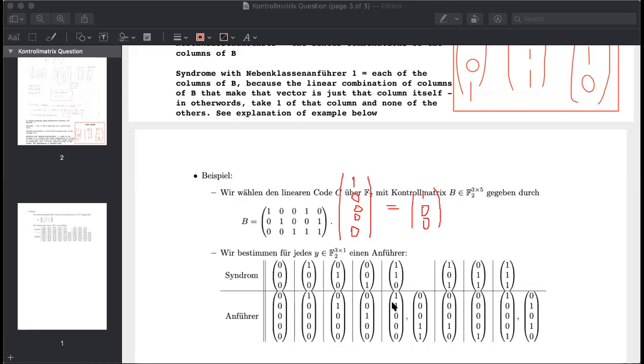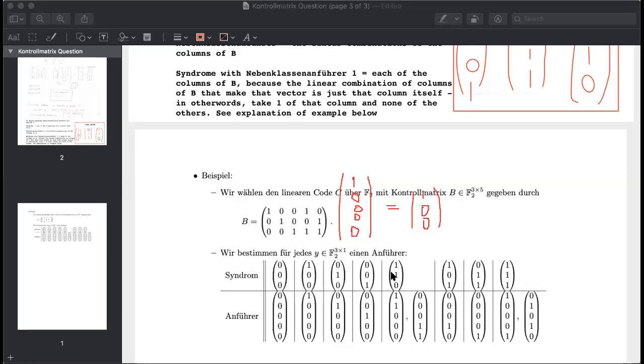So the Nebenklassenanführer for these three vectors have weight 1, because it only takes one of them. The Nebenklassenanführer for this syndrome has weight 2, because you need 2 columns to make this syndrome. For this syndrome, 1, 0, 1, guess what? It's already a column of B, so you can just take one of it. And I think that's clear.